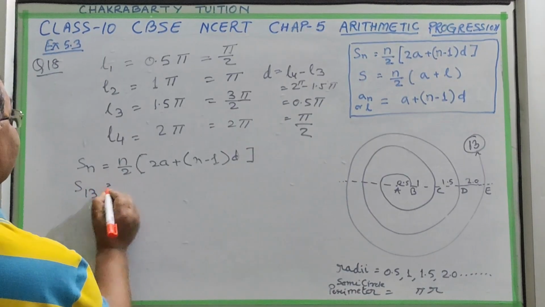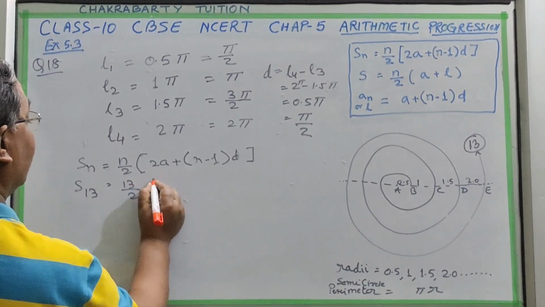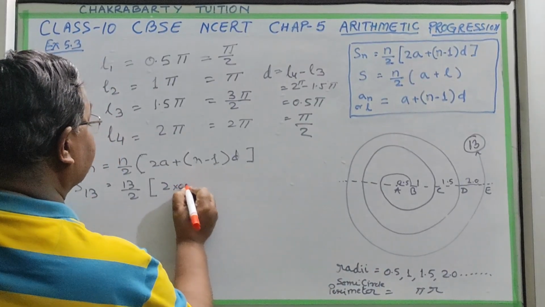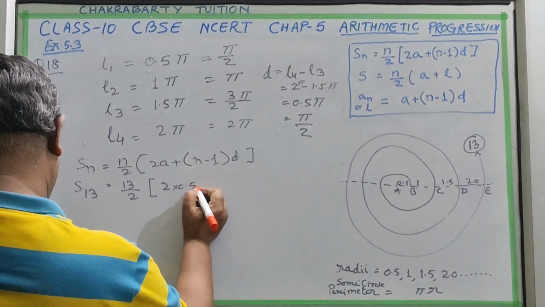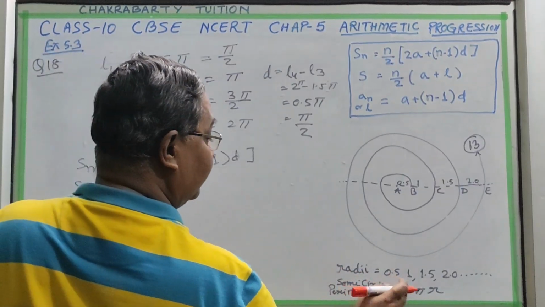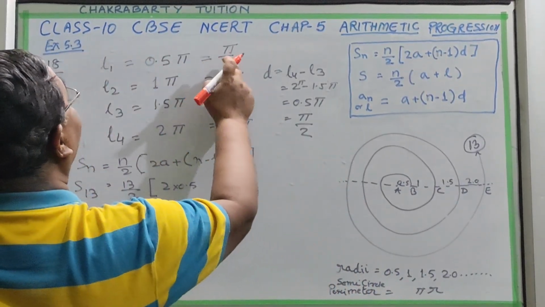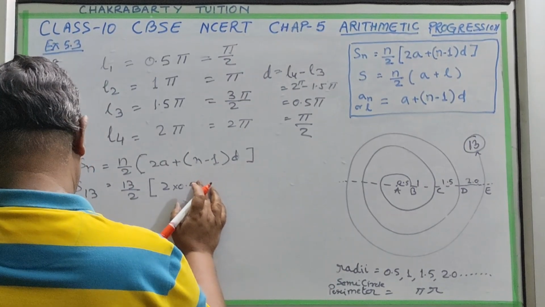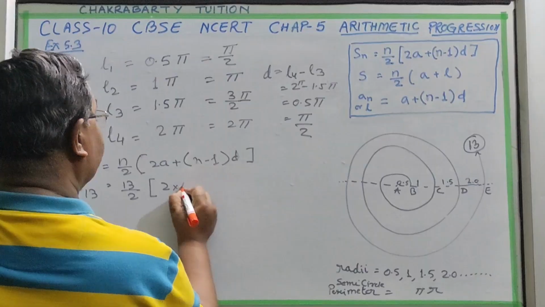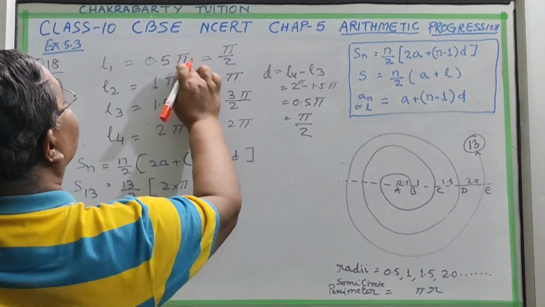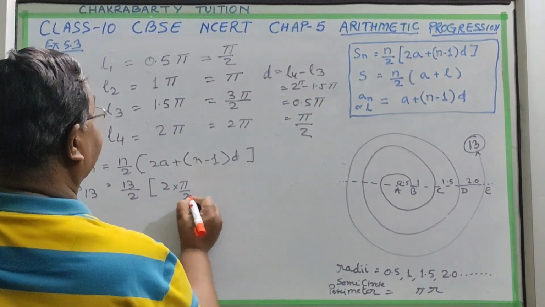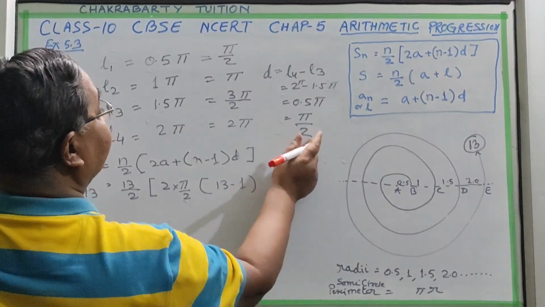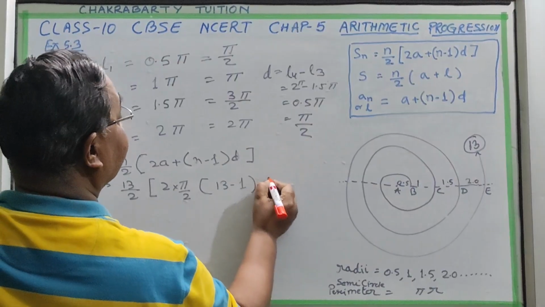So 13 by 2, 2A is 2 into 0.5 pi, where A is 0.5 pi, which equals pi by 2. And N minus 1 is 13 minus 1, and D is also pi by 2.